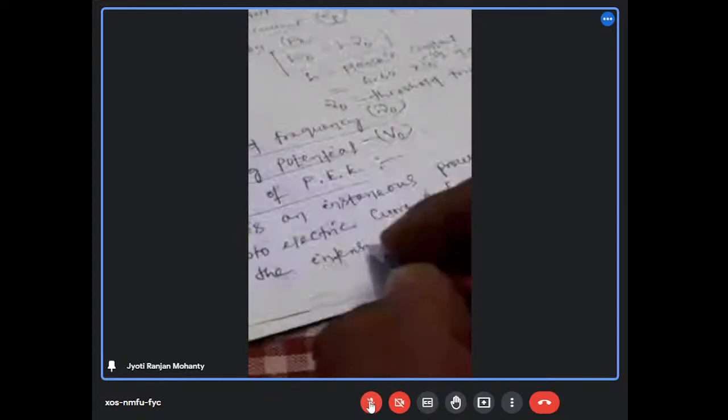Photoelectric current is directly proportional to the intensity of incident light.